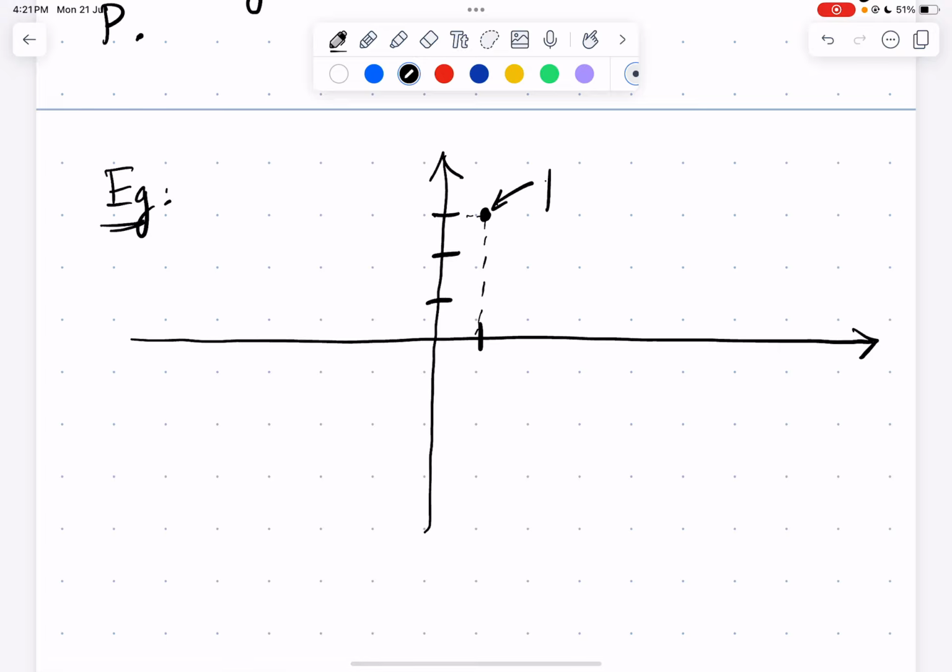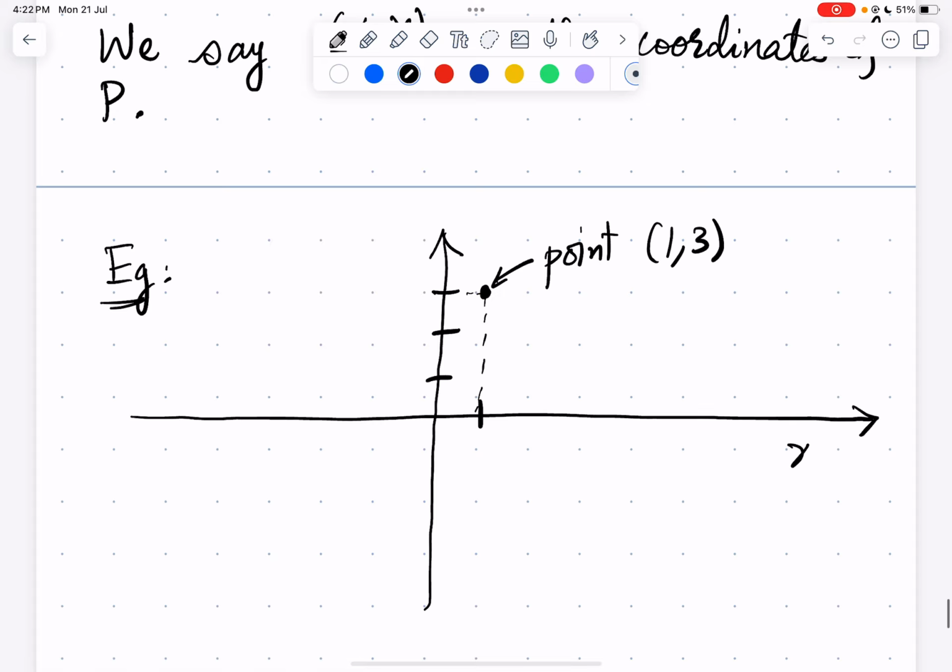This point is 1, 3. The coordinates of this point are 1, 3. Namely, the address of this point is: begin at the origin, move +1 units in the x direction, and then move +3 units in the y direction.